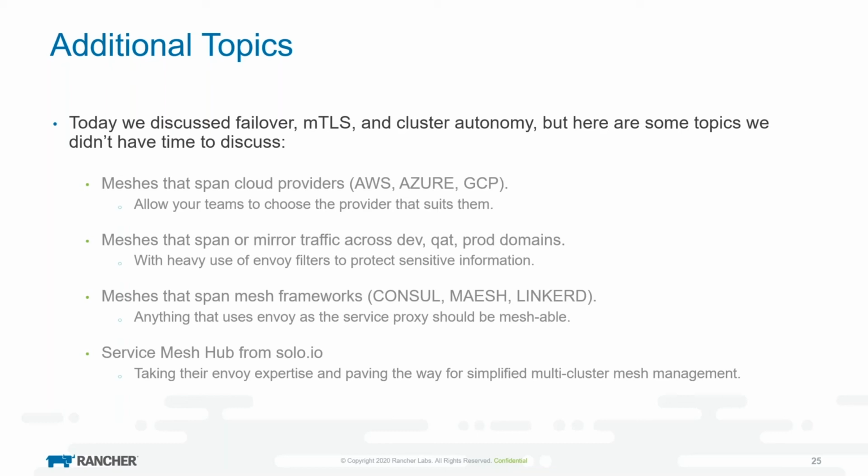One thing that I've personally been trying to play around with is using multi-cluster mesh to span environment boundaries: dev, QA, and prod. My use case here is that I want to show an example of production traffic going through an Envoy filter, that Envoy filter encrypting, salting all of the personally identifiable information, and then sending the actual production workload traffic to your QA instance, so you can properly scale test all of your QA instances.